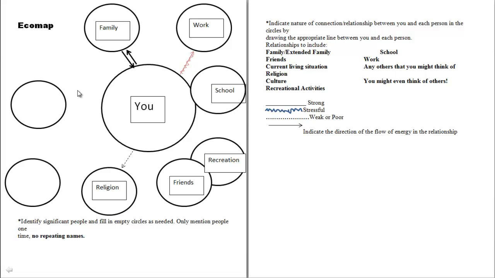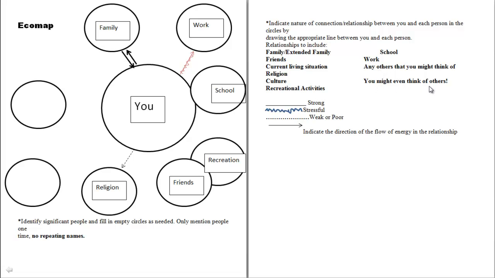Now, as you can see here, on the left side of your screen, you have an example of an EcoMap that I have written where you would go, with examples of put your family here, work, school. Here is a list of other things that you might consider as important enough to put on your own EcoMap.